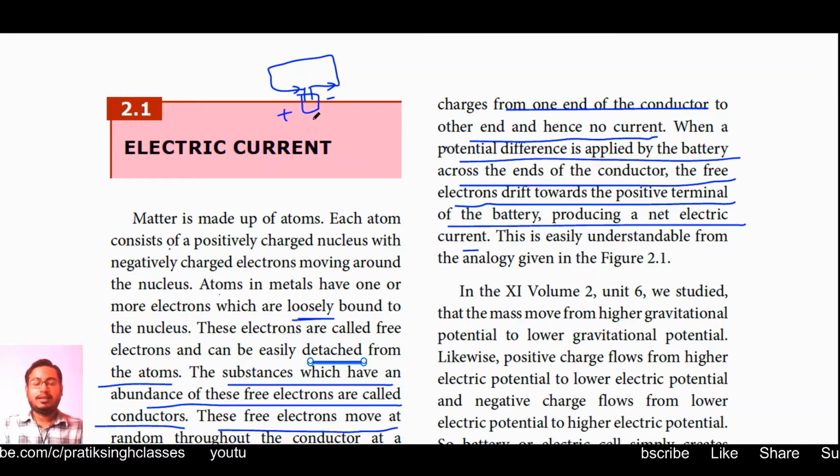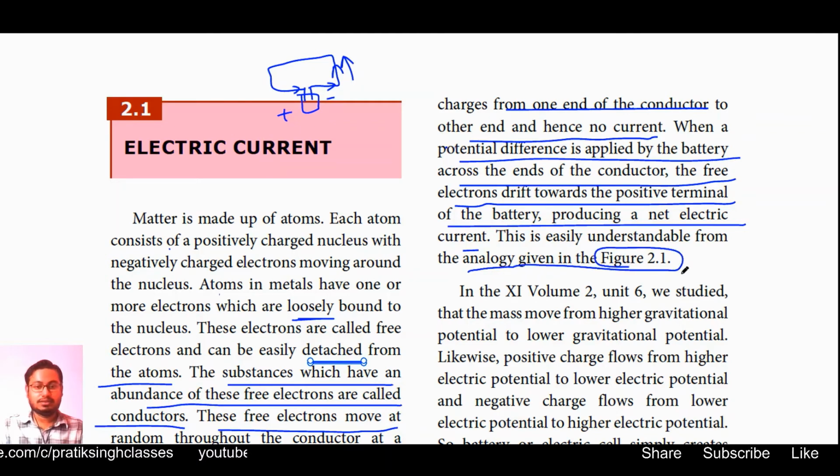Electrons will come out from the negative terminal of the battery and push the electrons of the conductor in the forward direction. That means there will be a net flow of charges in a particular direction towards the positive terminal, and because of that drift, there is current in the conductor. This is easily understandable from the analogy given in figure 2.1.